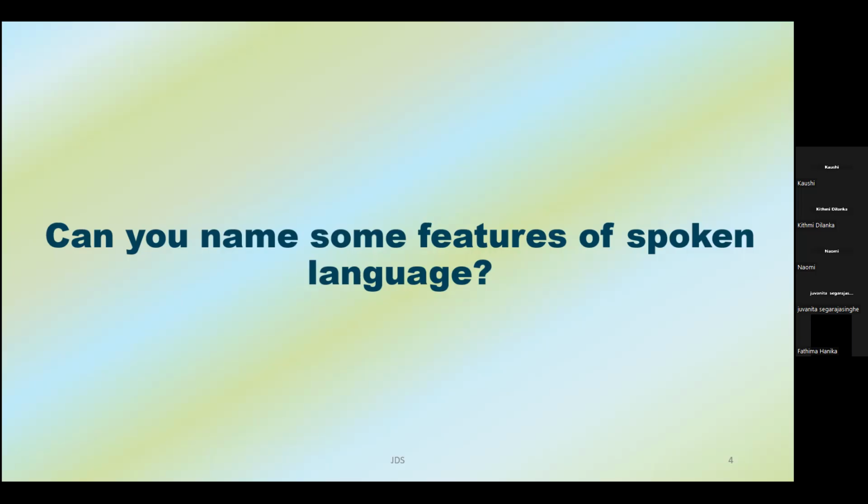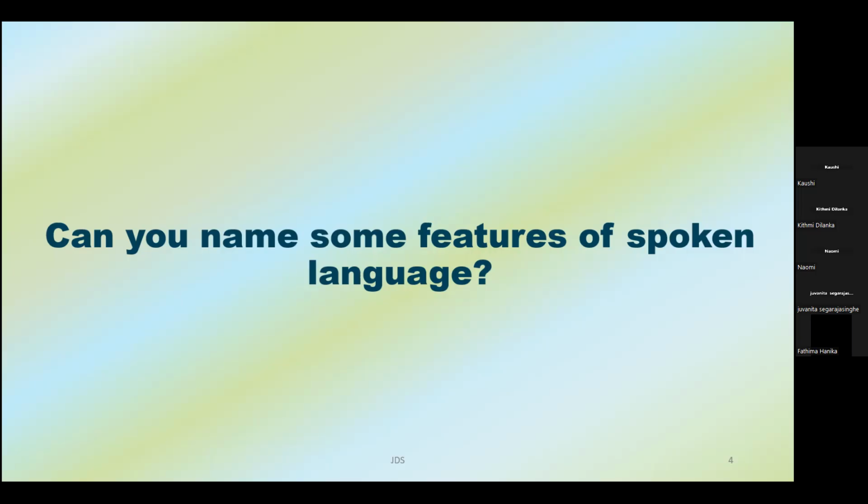We use slangs in communication. Now, do you say, I have 3 brothers or something else? Contractions. So in spoken language, contracted forms are mostly used.